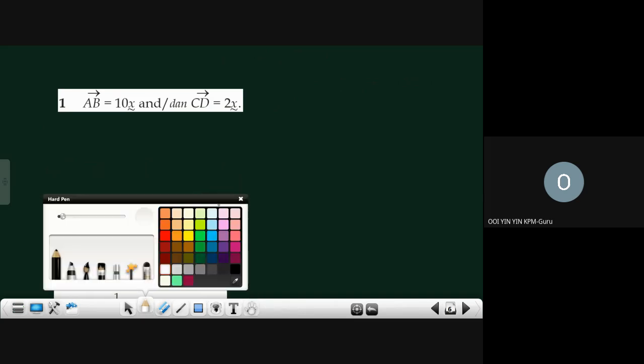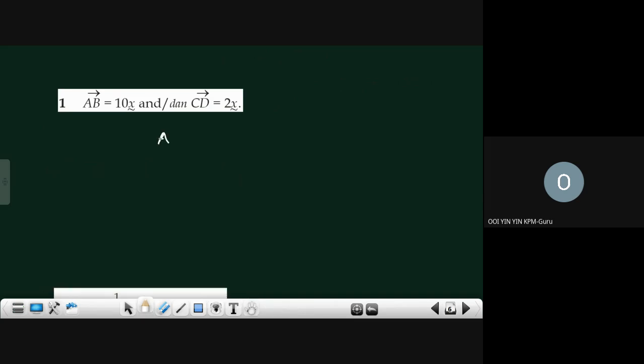Let's say AB equals that 10x. Don't forget your wavy sign under x. Now, can we make some changes so that we can see 2x? Yes, we can factorize 5 and leave 2x. We want to change it so that part of it is the same as CD, so that we can replace it with CD.